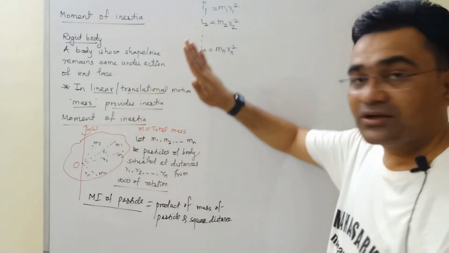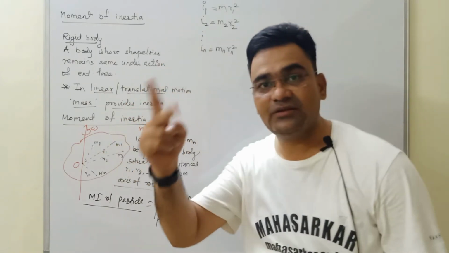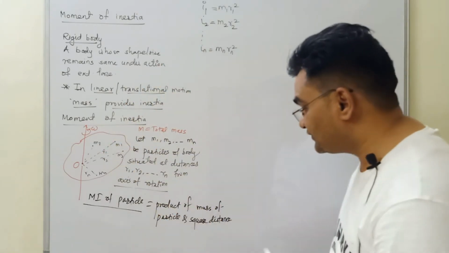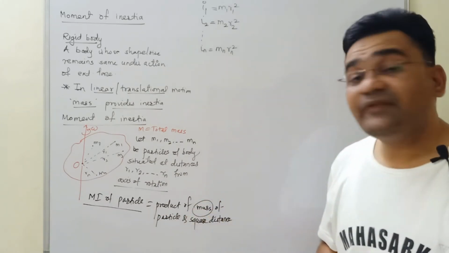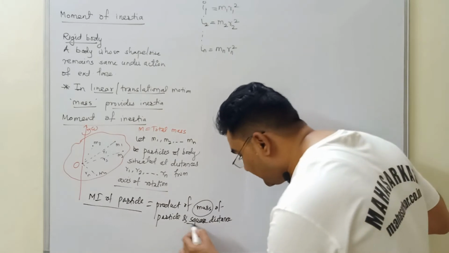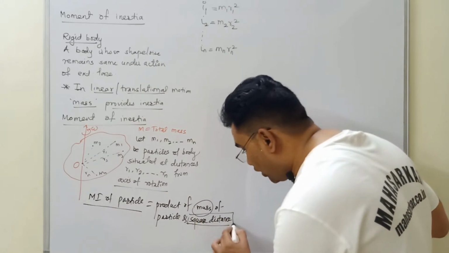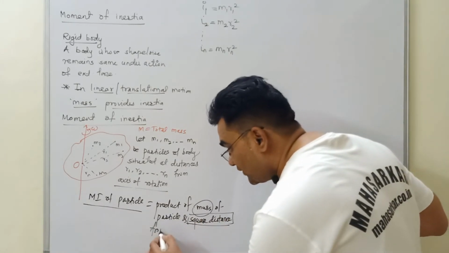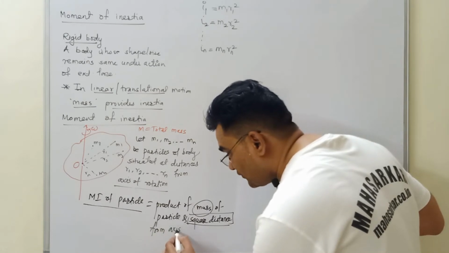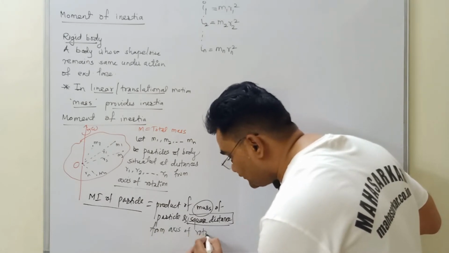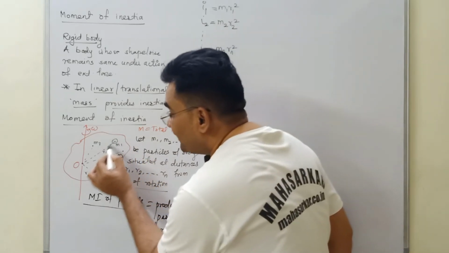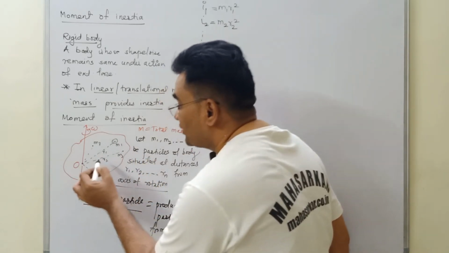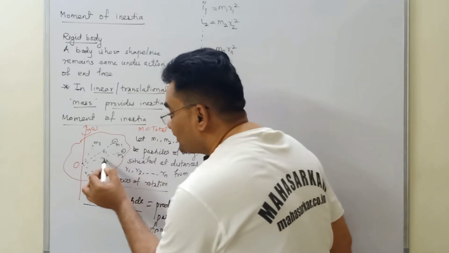See, what is moment of inertia then? It is the product of two things. The first thing we have to consider is the mass of that object. And the second thing is the square of the distance of that object from the axis of rotation. So here we consider that the particle of mass m1 is at distance r1 from the axis of rotation, mass m2 is at distance r2.